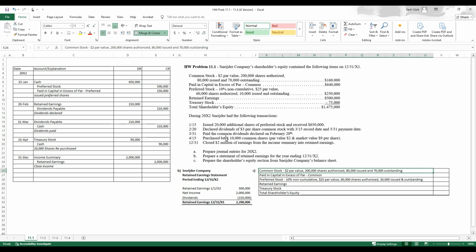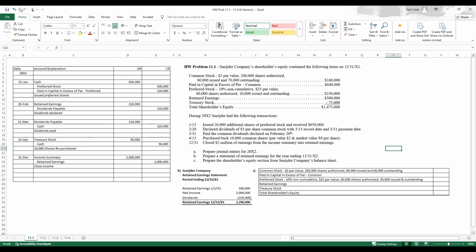We had our dividends, but that doesn't change. That'll change our, we're going to carry our number over here, but I just want to update the numbers essentially. We purchased back 10,000 common shares. So if we look at our common stock, we now have 60,000 outstanding because we bought back 10,000 more shares through this transaction here.